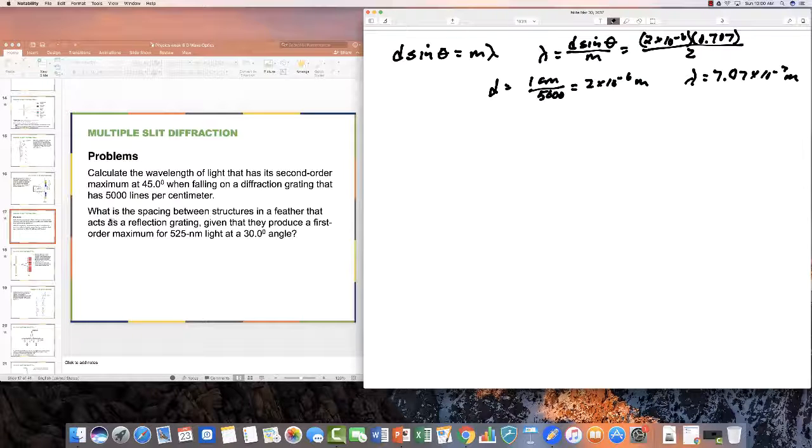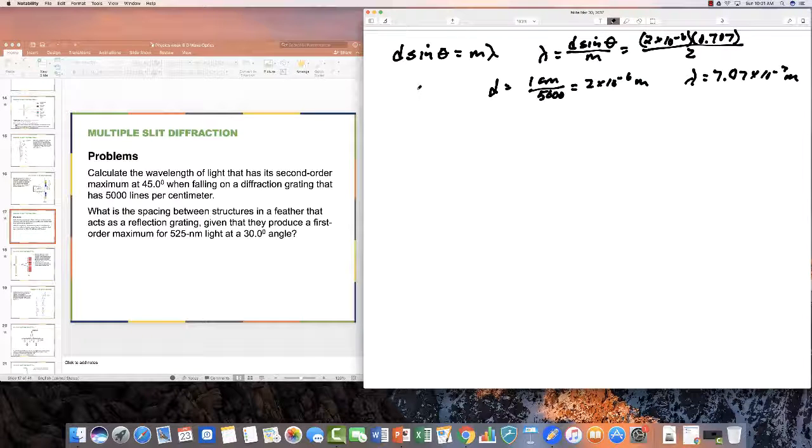Now, the second problem asks what's the spacing between the grating of a feather that acts as a reflective grating, given that they produce a first order maximum for a 525 nanometer light wavelength at 30 degrees.